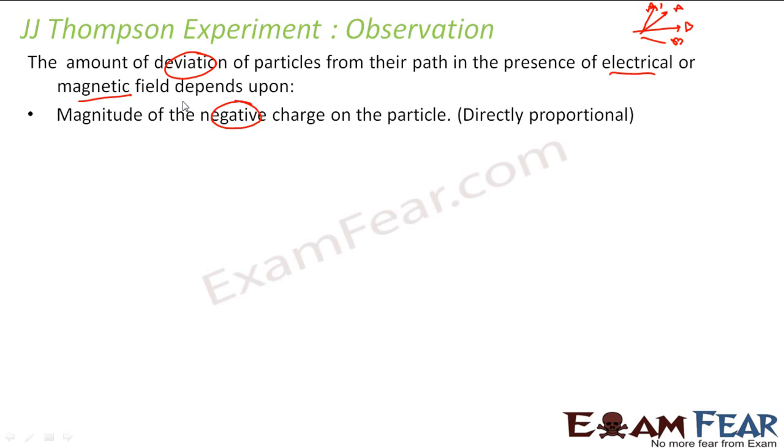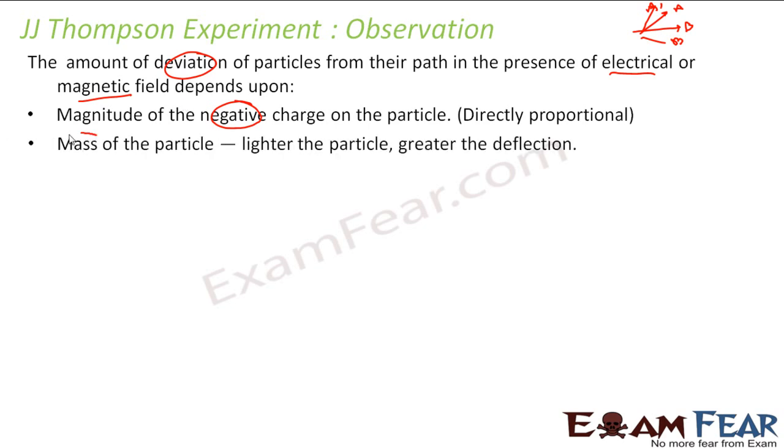It's directly proportional. The more the charge, the more the deviation. Also mass: the lighter the mass, the greater the deflection. If you hit a small ball, it goes to a larger distance. If you hit a big rock, it goes to a smaller distance. Similar thing here also. If the particle is big, the deflection will be less. If the particle is small, the deflection will be more.